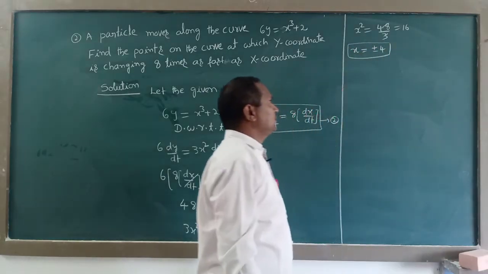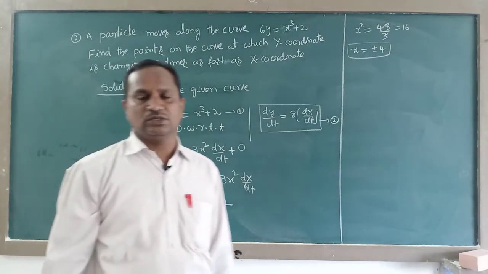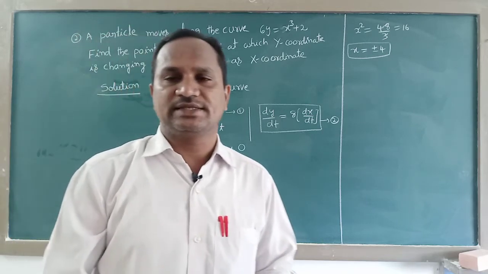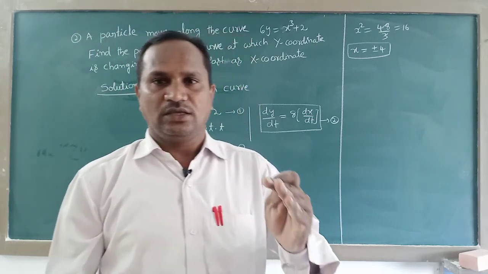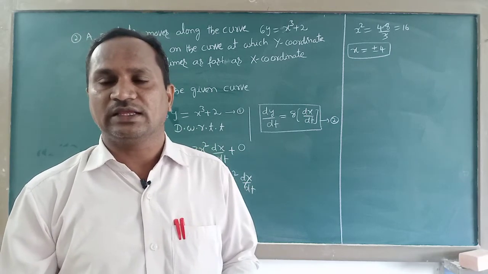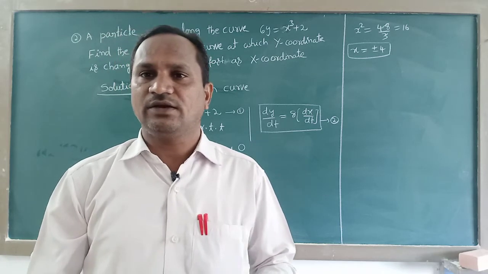Here we got the values for x, they are 2. That's why we are going to give the answer in 2 cases. Case 1, if x is equal to plus 4, which value will you get for y? If x is equal to minus 4, which value are we going to get for y?